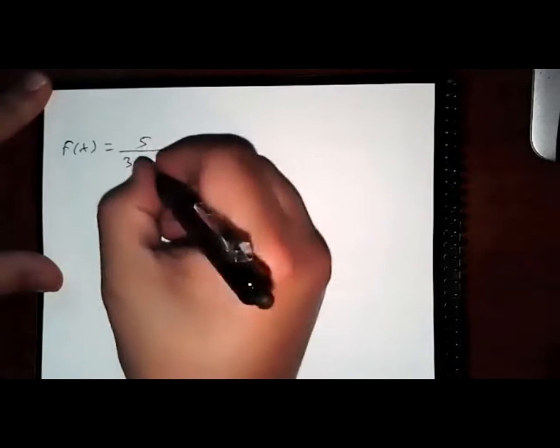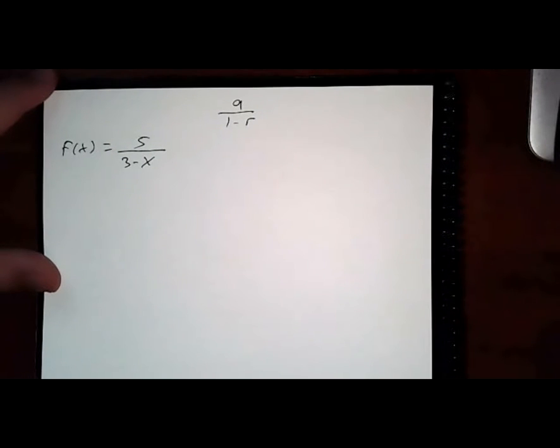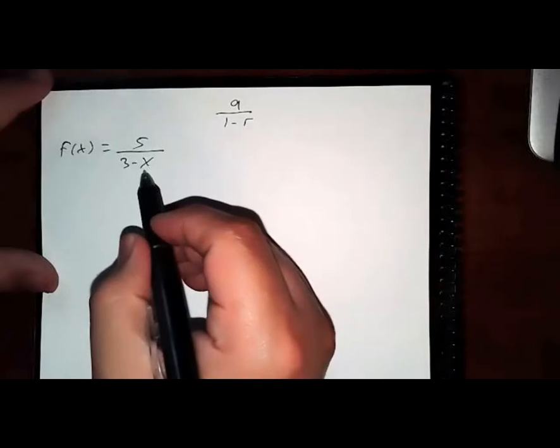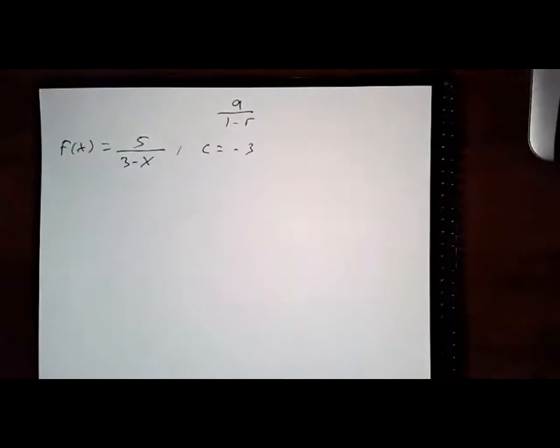You've got to force it to look like that geometric series formula. We want it to look like this, right? So first thing is I need this. Oh, yeah, it said centered. c is -3. Okay.